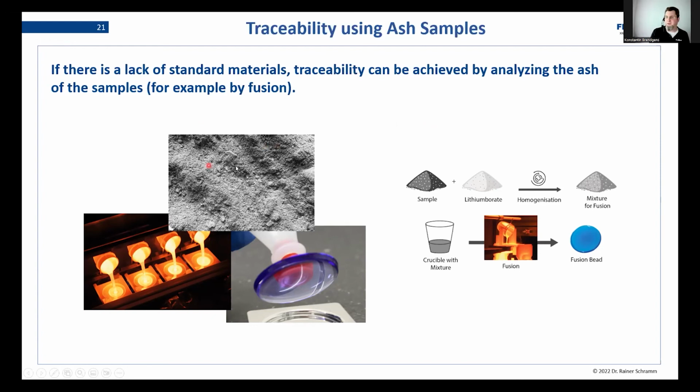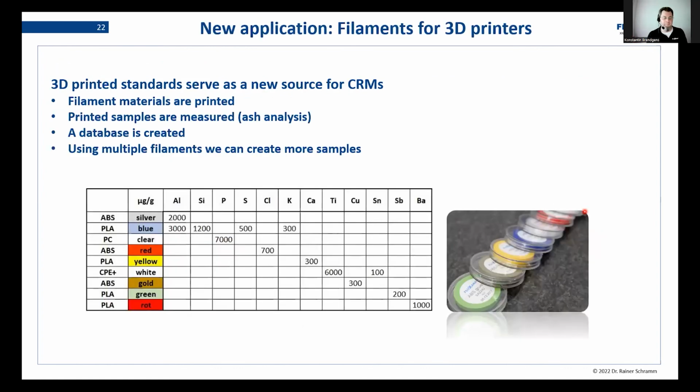Basically you burn your samples, and then, for example, you do a fusion preparation, and then you calculate back to the original material. Fusion is just one option. You could also use wet chemistry and everything that is available to you. That's the part about the analytical possibilities we have.